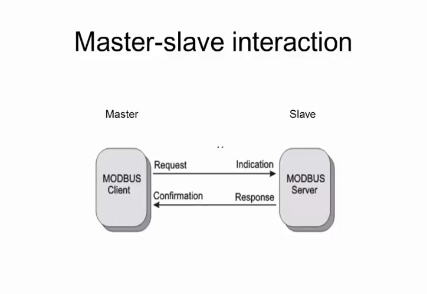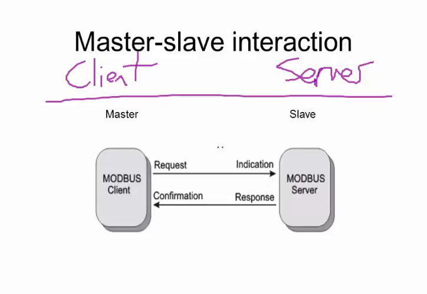In the case of Modbus, the master is actually the client from an IP perspective, and the slave is the server. Sometimes it does your head in, but from an application perspective, that's what they are.